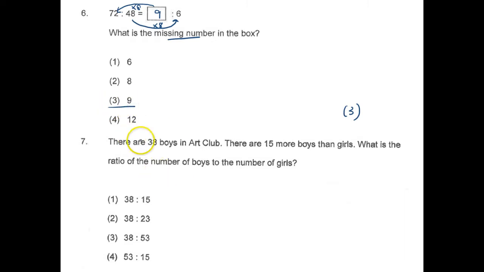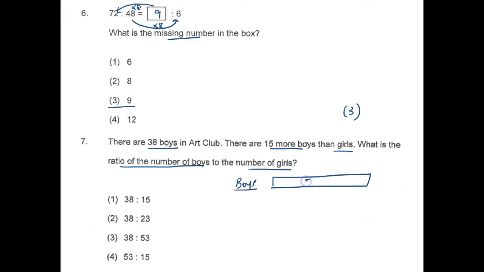Question 7. There are 36 boys in an art club. There are 15 more boys than girls. What is the ratio of the number of boys to the number of girls? So I know boys, we have 36. Our girls, there are 15 more boys than girls.